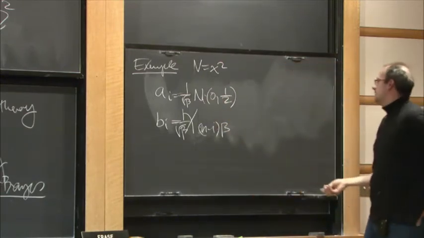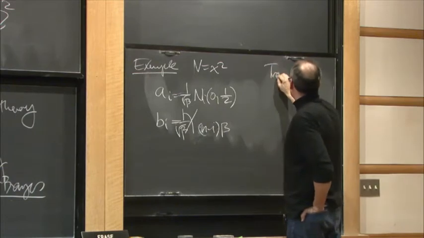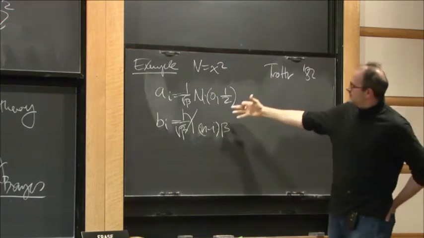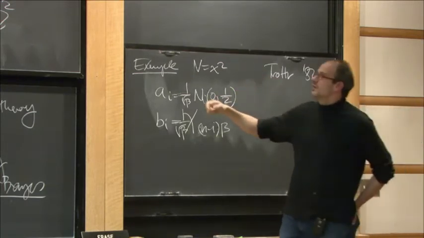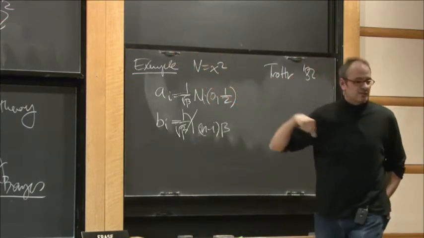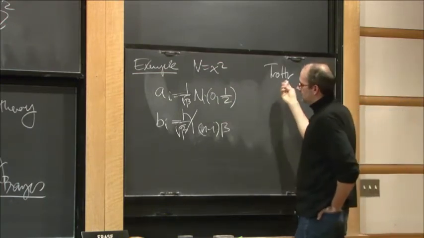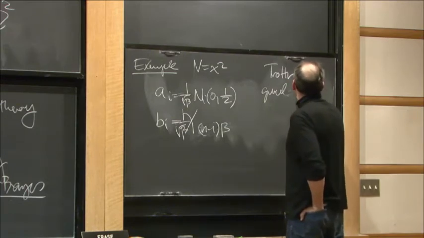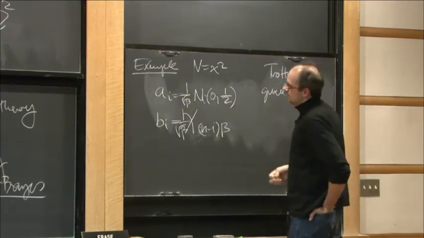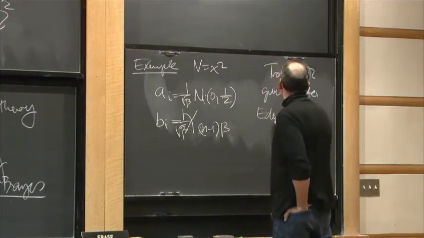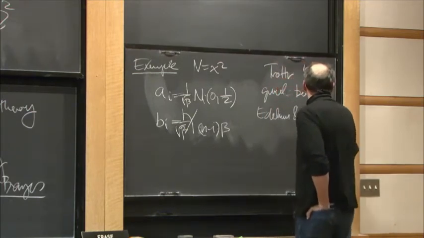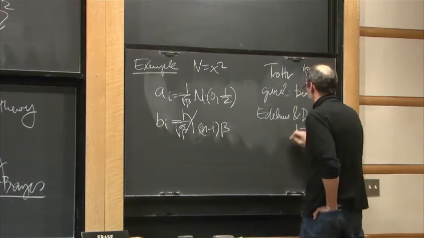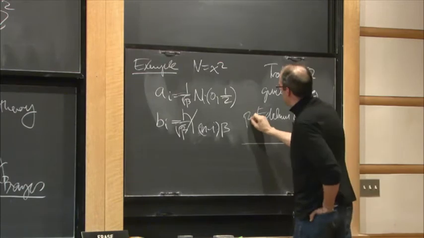So this is a theorem actually of Trotter, from '82, that if you have this tridiagonal matrix for beta equals 1 or 2, then its eigenvalues are the same as the eigenvalues of the GOE and the GUE. And for general beta, this was proved by Dumitriu and Edelman in 2002.